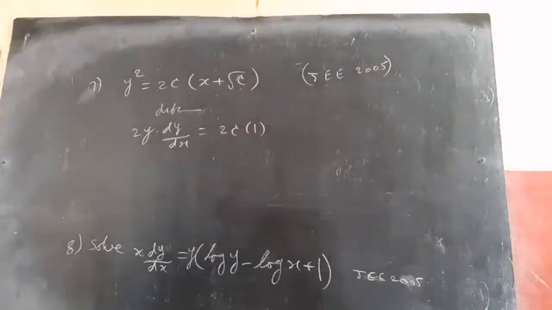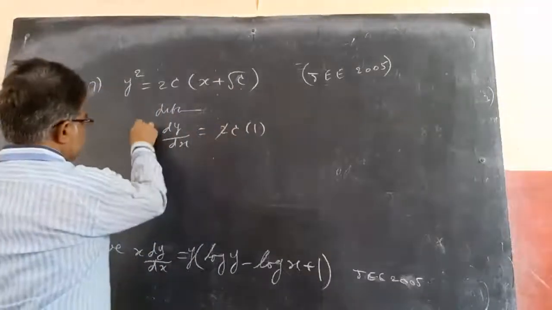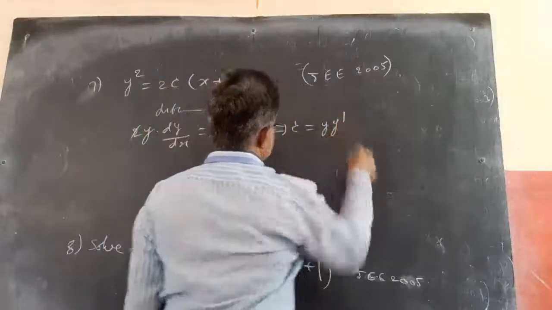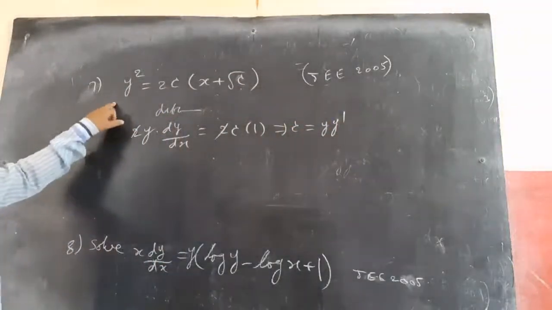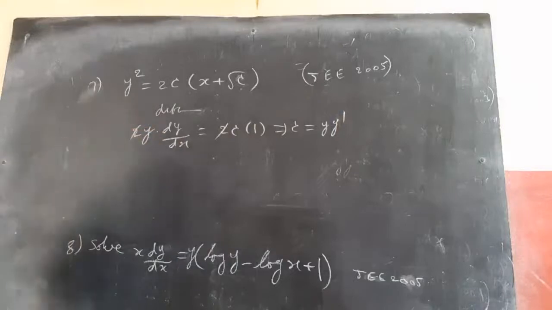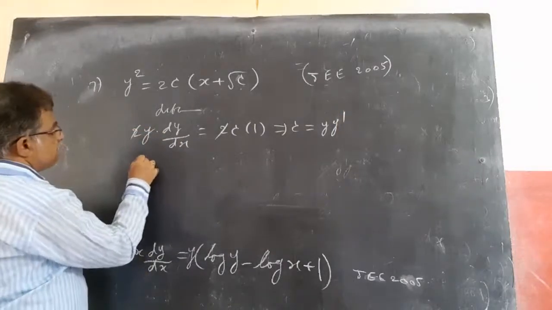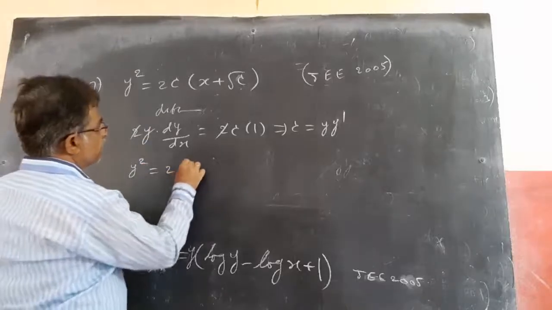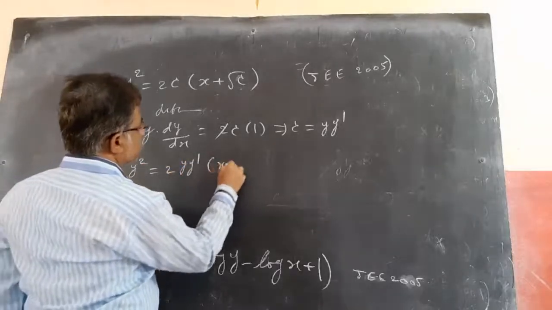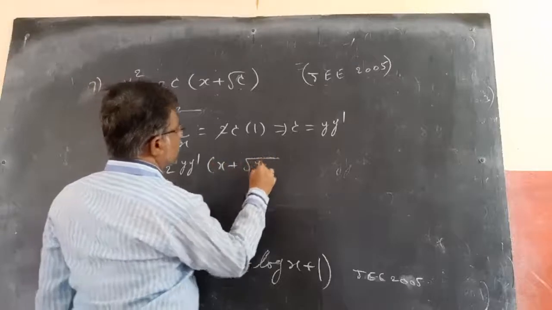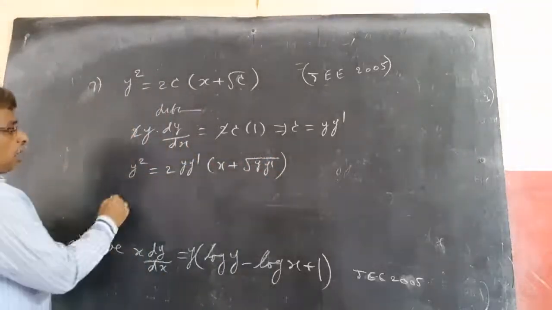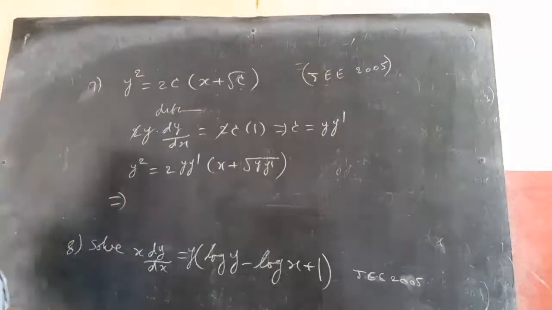So that is 2c. If I cancel 2, I directly get c equal to y dash. Substitute in the given equation, and the constant will be eliminated. That means y square equal to 2 into y dash into x plus root of y dash.